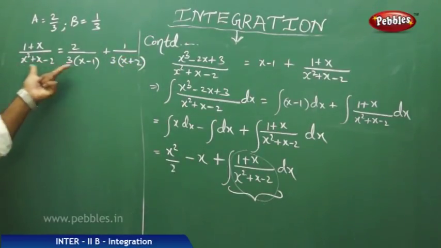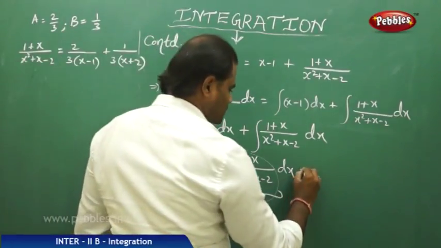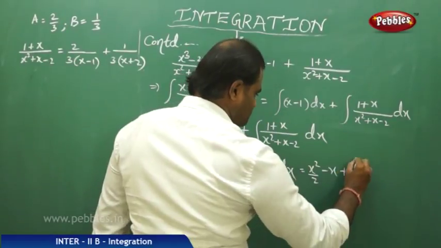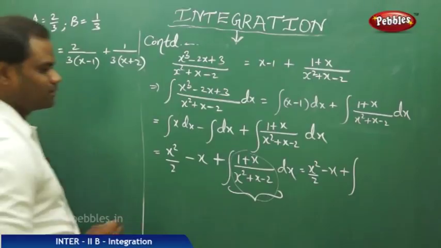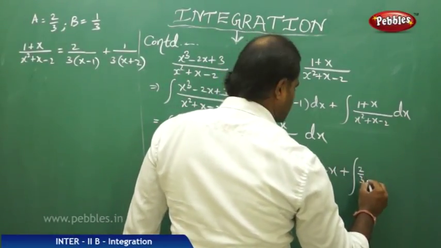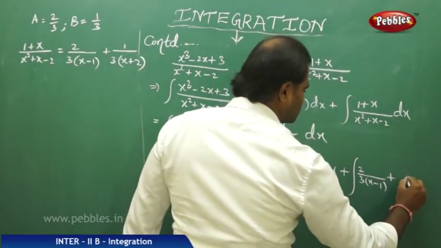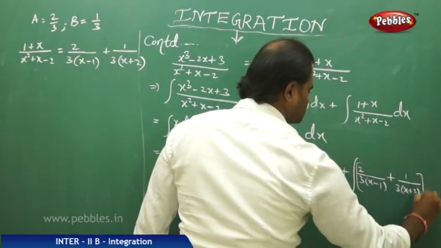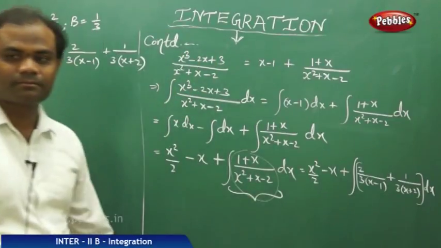And substituting this in the integral, I get x squared by 2 minus x plus the integral of 2 by 3 times 1 by (x minus 1) plus 1 by 3 times 1 by (x plus 2) dx.